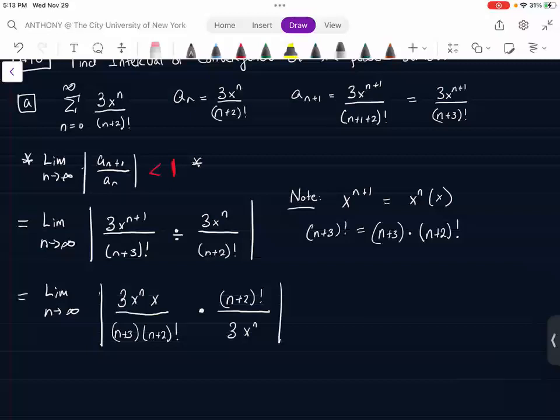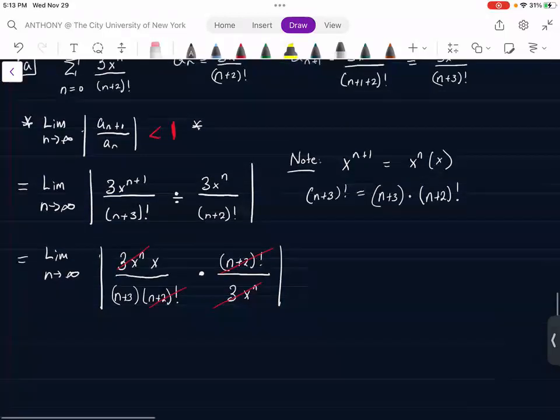I think this will simplify nicely, because 3x to the n will cancel, and the (n plus 2) factorials should cancel. So what we'll have is x over n plus 3. This gives us the limit as n approaches infinity of the absolute value of x over n plus 3.